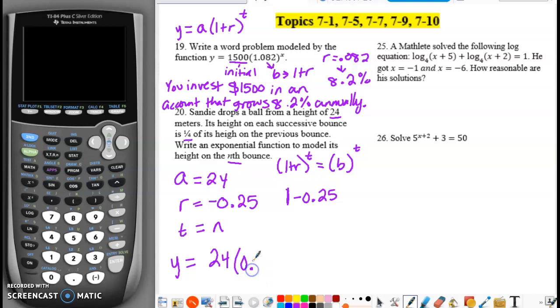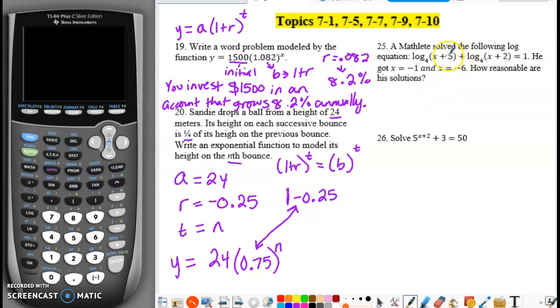And so that would be 0.75 to the n power. Now, on your test, it may look like that, or it may look like that. Okay, so just be aware that these are both the same.